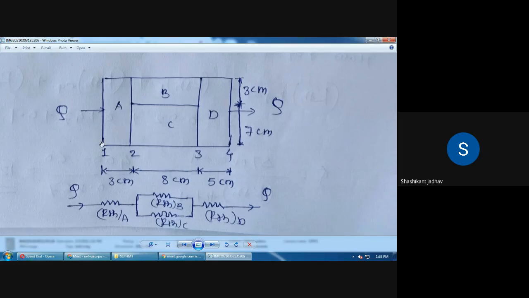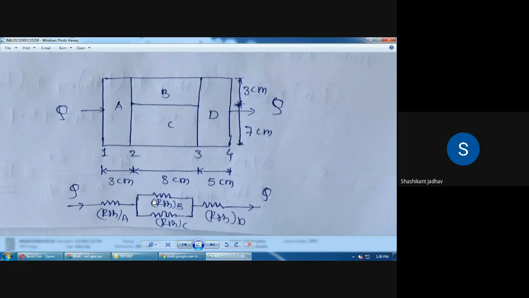This is the resistance diagram. So whatever the 2D diagram is given, from that we have drawn this resistance diagram, because from that resistance diagram we can easily solve the problem, because in this case 2 resistances are parallel. So if 2 resistances are parallel, then what way we have to do the calculation? Okay, जर रेजिस्टन्स सिरीज मध्ये असते तर आपण काय करतोय? ऍडिशन करतोय. But if the resistances are in parallel, then what is the equation? 1 upon R is equal to 1 upon R1 plus 1 upon R2.